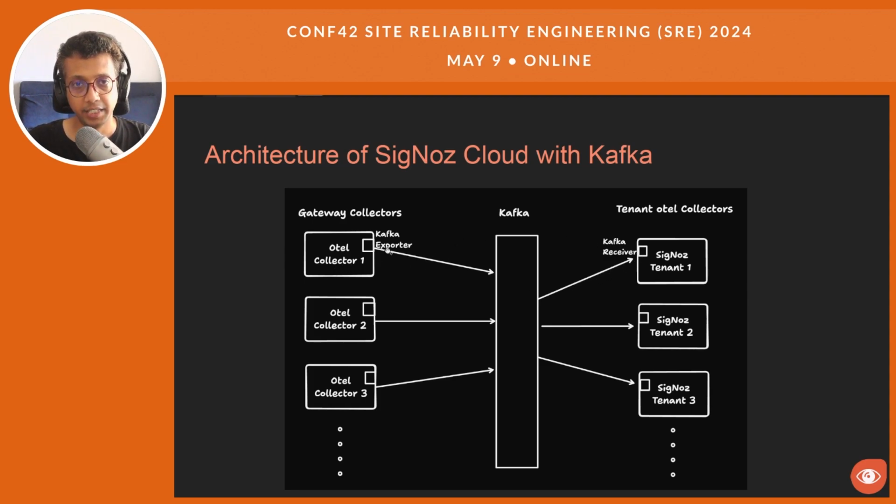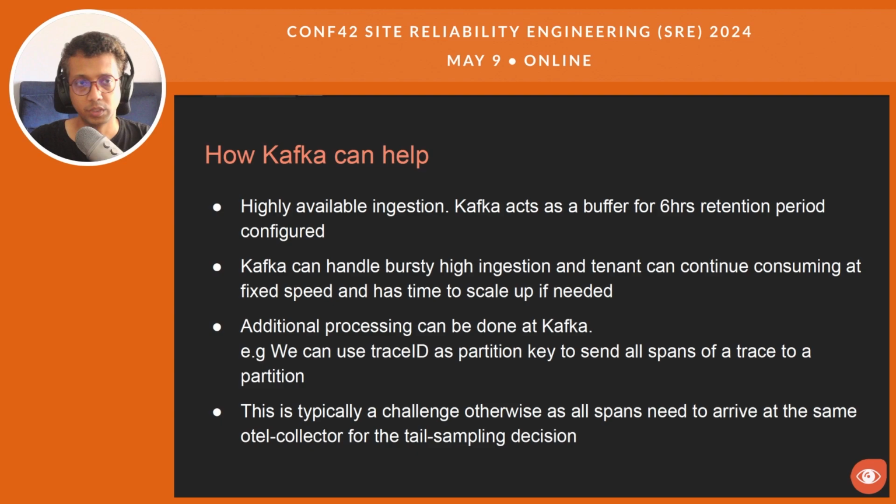So as you can see, even if there is a huge spike in load from a particular customer, Kafka acts as the queuing system in between to absorb that spike, and then as the tenant system OTel collector scales up, it can start consuming at a higher rate. So there's no packet loss or drops, which we had earlier when there was no Kafka in place. These are some of the use cases where Kafka can be helpful. So this enables a highly available ingestion.